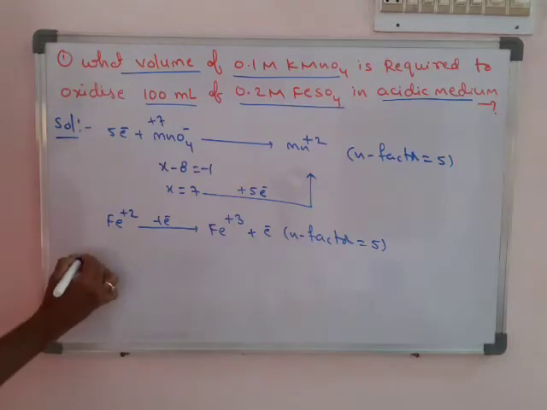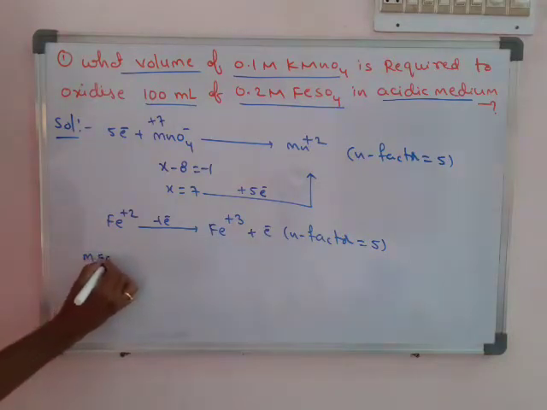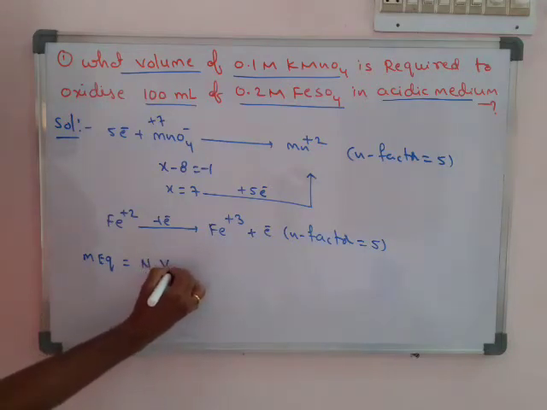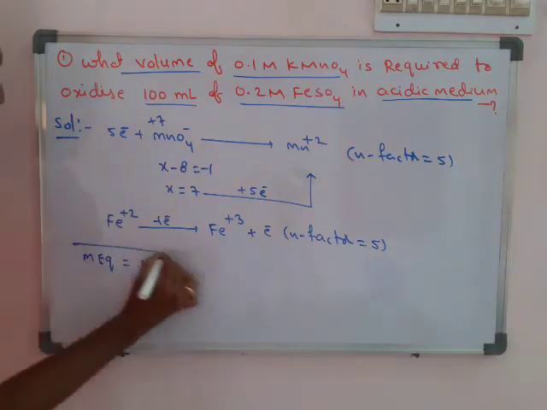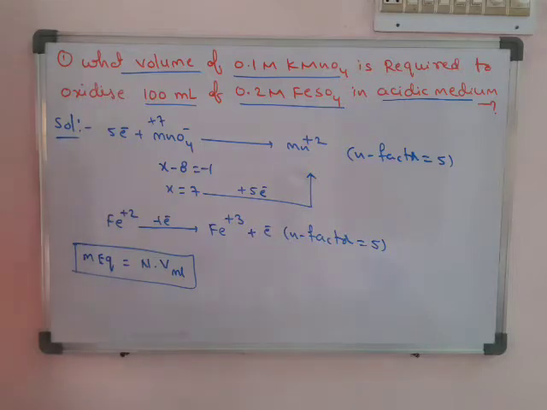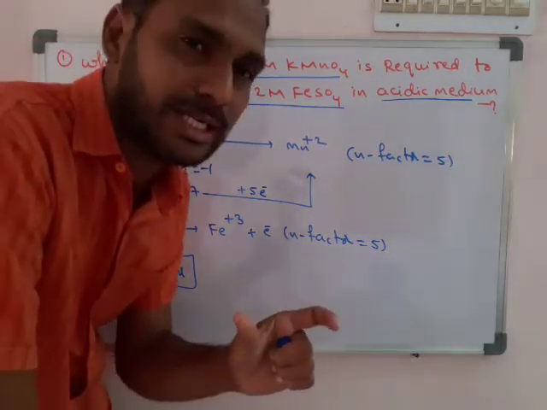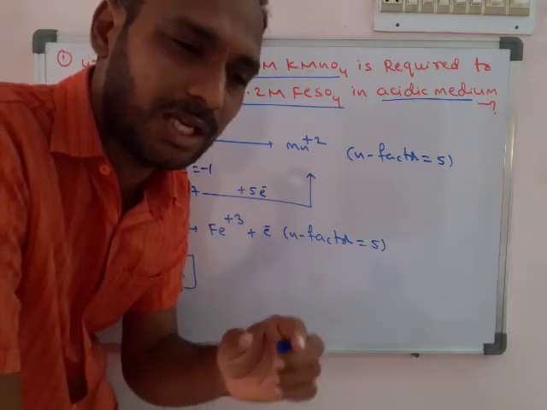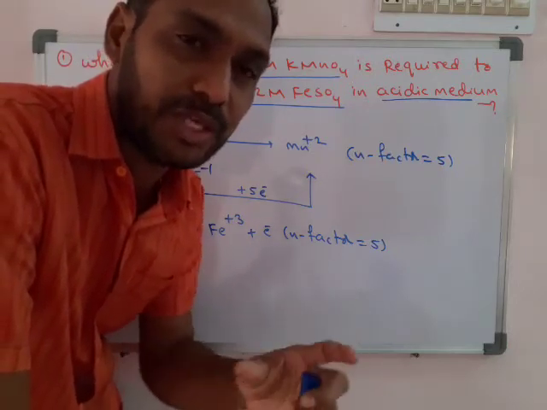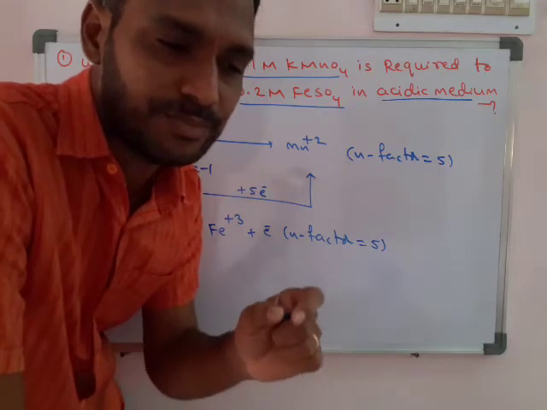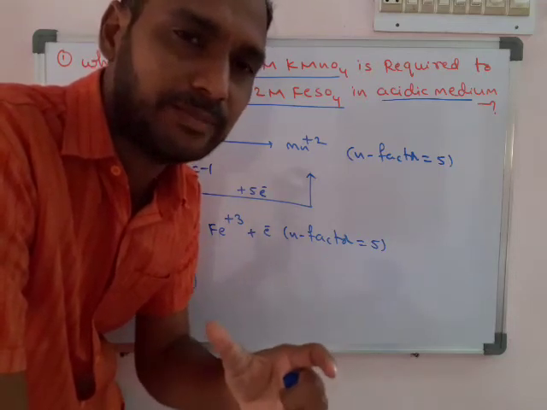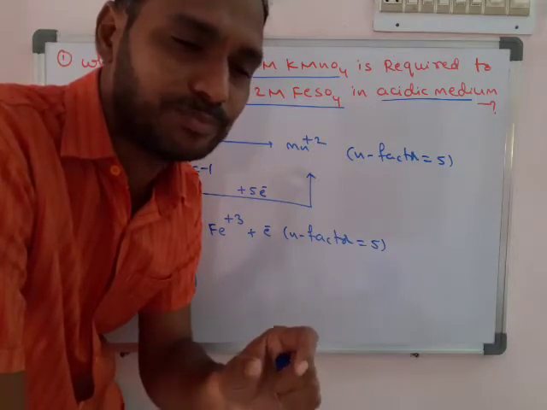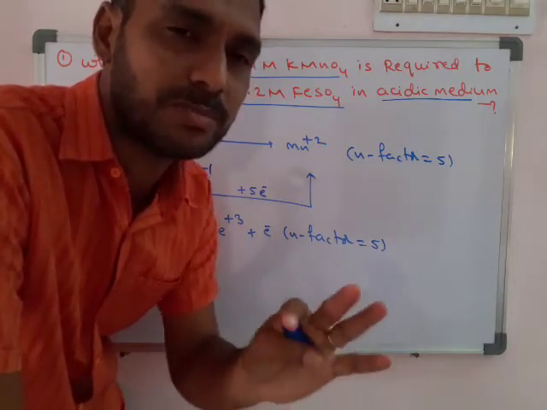So already we know milli equivalents. What is milli equivalence? Milli equivalence means normality times volume in milliliter. For two reactants to react perfectly and completely, for example X and Y, the step we can take is that milli equivalence of both species are equal.